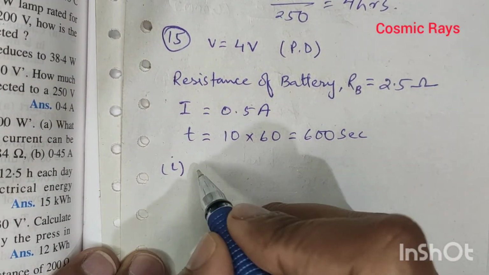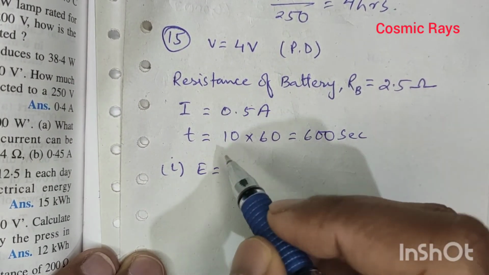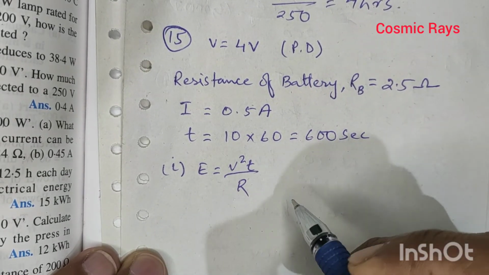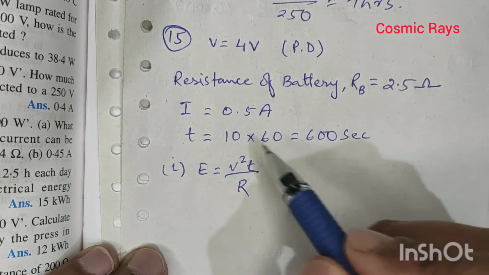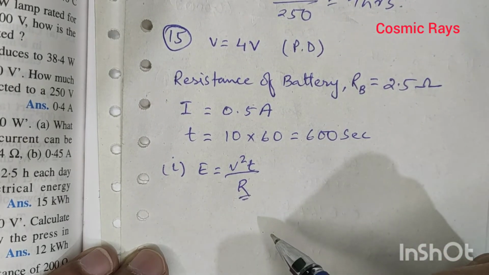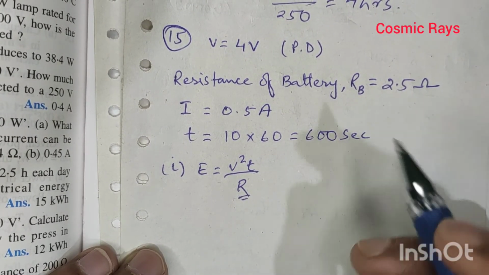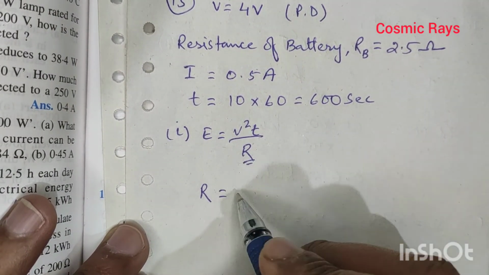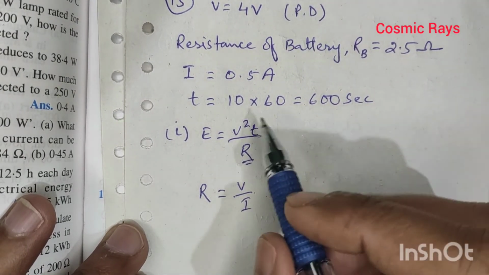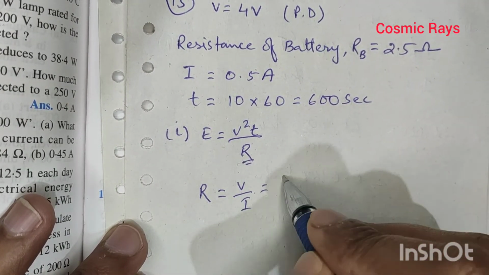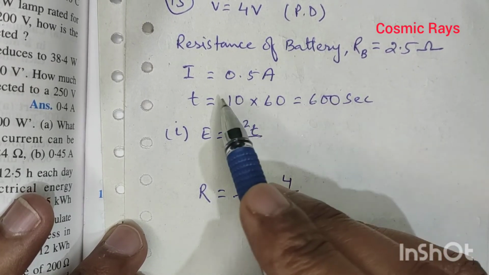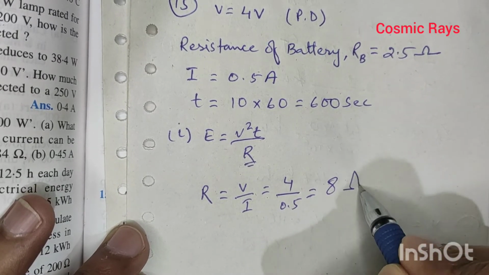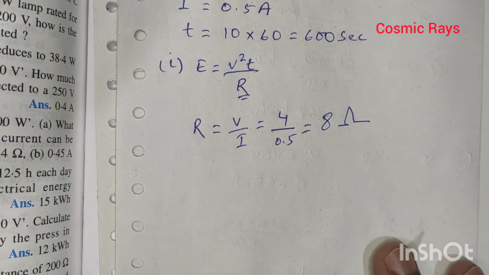So energy is equal to V square T upon R. Before using this, I need to know R, that is the total resistance, which has not been supplied to me. So I'll just use the formula for resistance. V equal to IR, so R will be V by I. V is 4 volts and the current is 0.5 ampere. So this gives me 8 ohms as the total resistance.